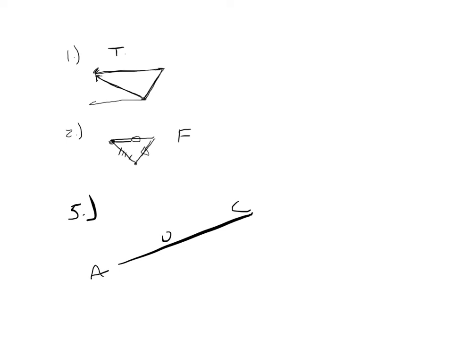Then the question is, is the magnitude the same? Would O be the midpoint of AC? The answer is yes, because you were given that the figure is a parallelogram, and we know the diagonals of a parallelogram bisect each other, so indeed O is the midpoint. So vector AO will be equal to vector OC.